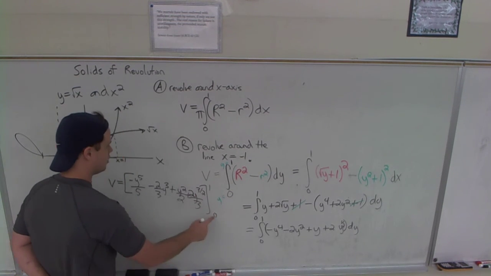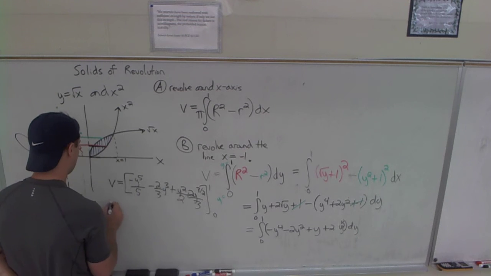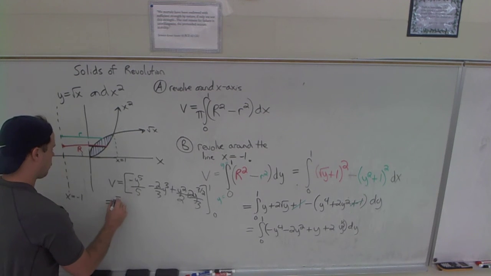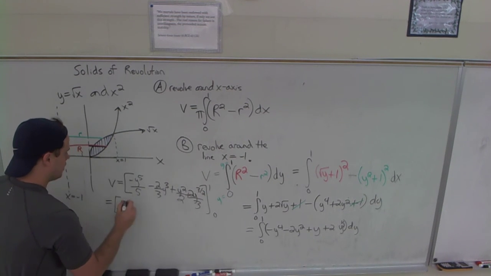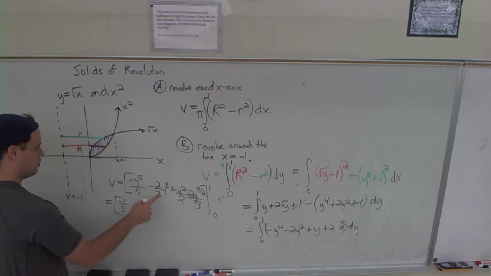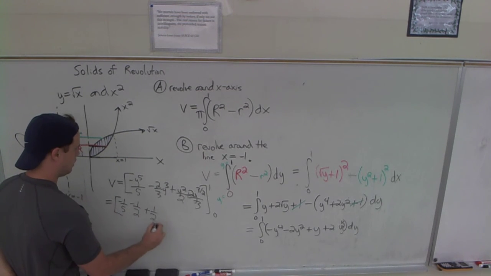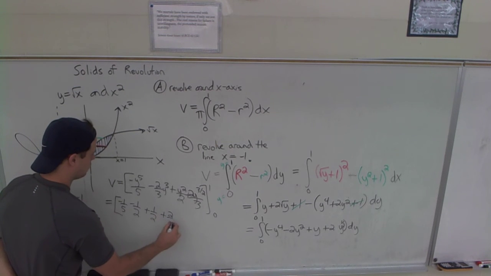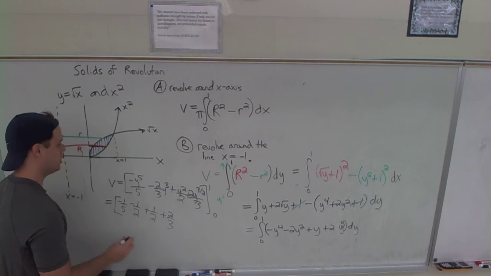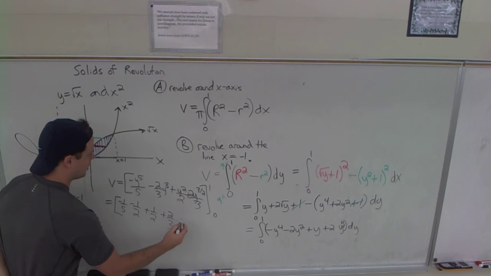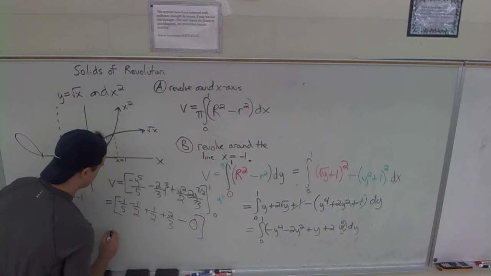From 0 to 1. Thank goodness that's a 0, because these are all going to go away. So that's going to be, plugging in 1, I get negative 1/5. Plugging in 1, that's negative 2/3, plus 1/2, plus 2/3, because 1 to any power is 1. And 0 going in all these spots is going to be 0 everywhere, so it's just minus 0.